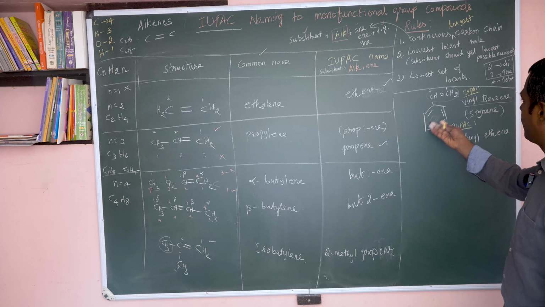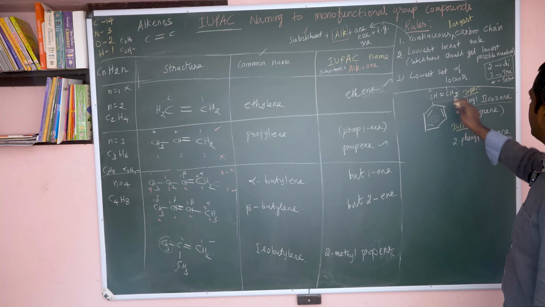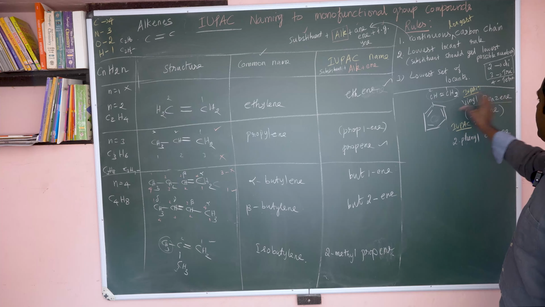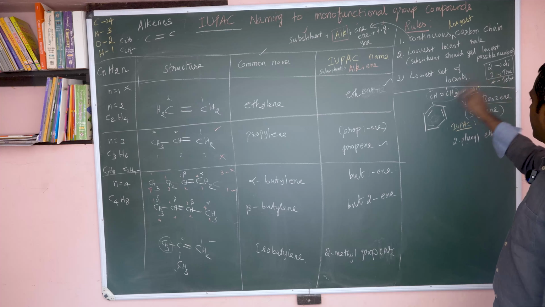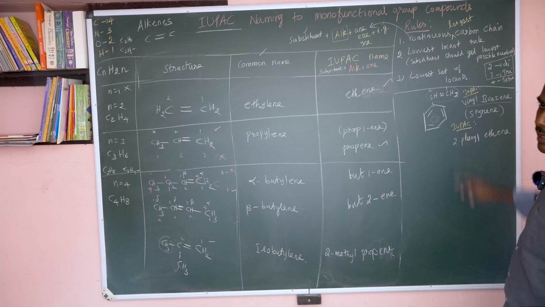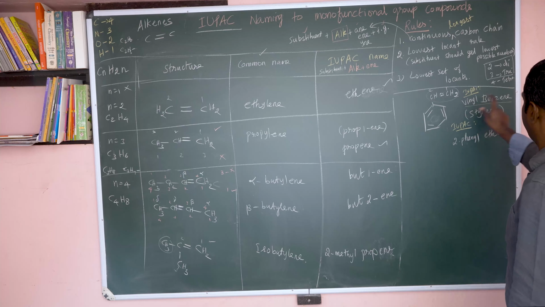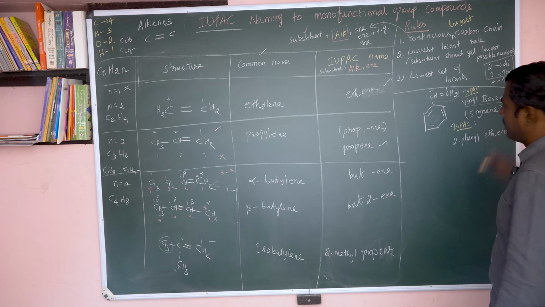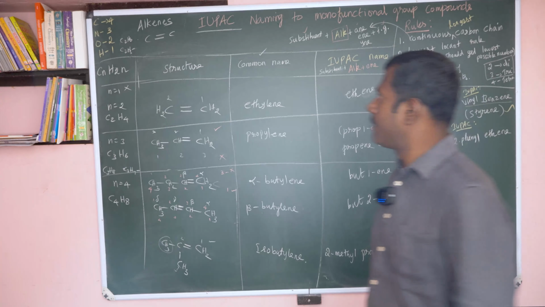This is the vinyl group, which is smaller. This is bigger. So the name should end with the bigger part, which is benzene. With the benzene, one vinyl group is attached, so it is vinyl benzene. So both are correct. Styrene is another common name.